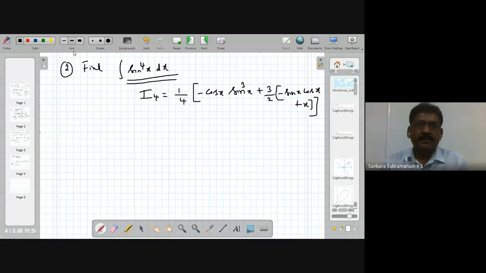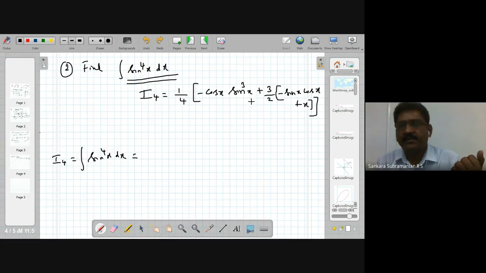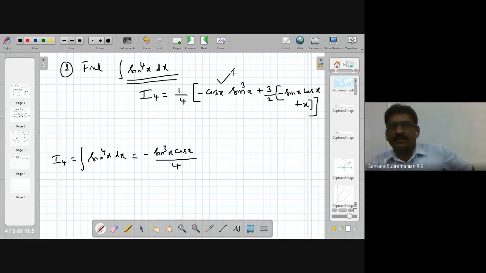All right. Therefore, I can come to the conclusion. Integration I4, sin power 4x dx, is equal to minus sine cube x into cos x divided by 4, first term over.